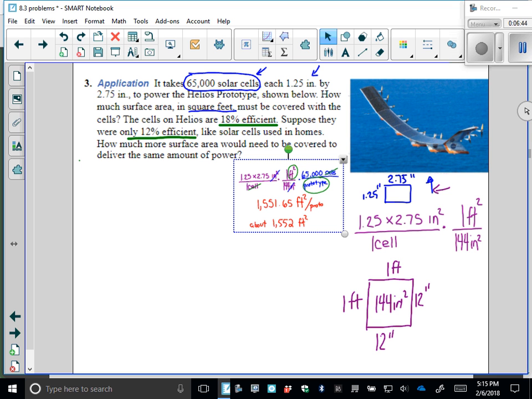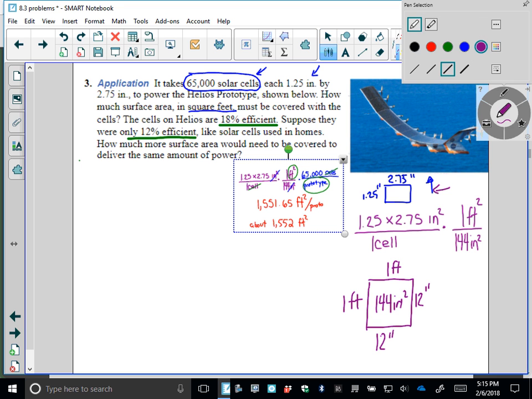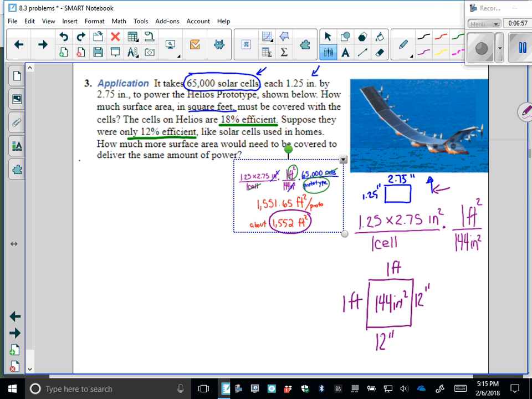So we're going to be looking at this number right here. That's how many square feet that we would need if they were 18% efficient.